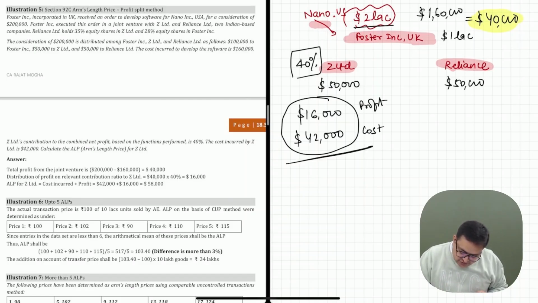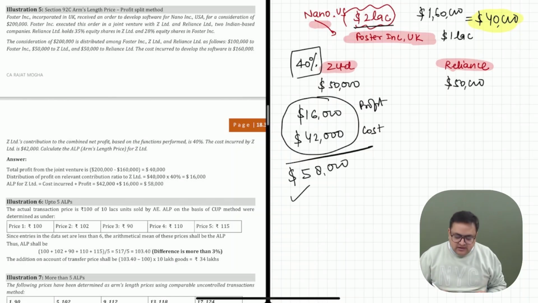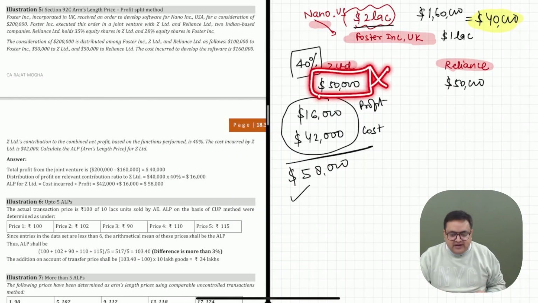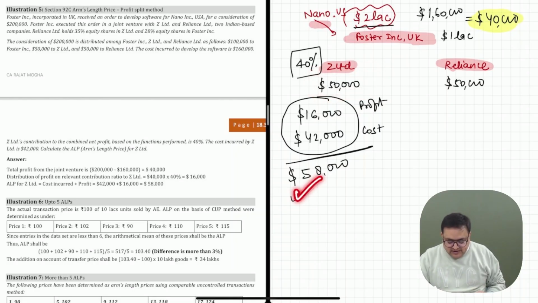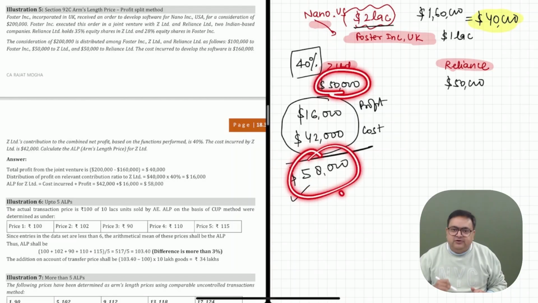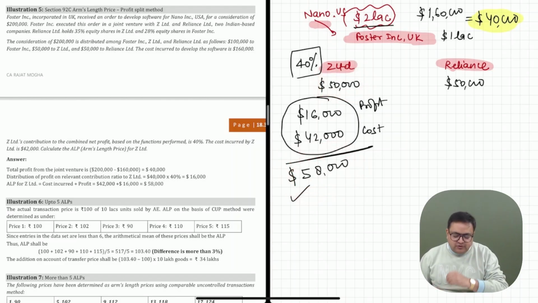So actually I should receive $58,000. If you are giving me 50,000, that is not the correct price. $58,000 is the correct price. So ALP is 58,000, and Z's profit will increase by $8,000. Understood? This is called the profit split method.